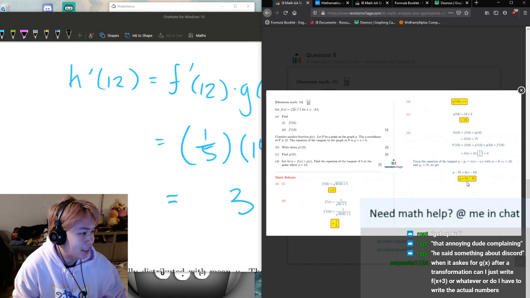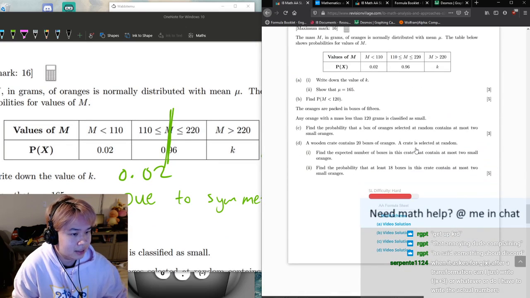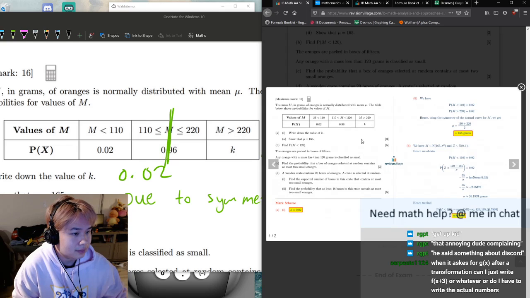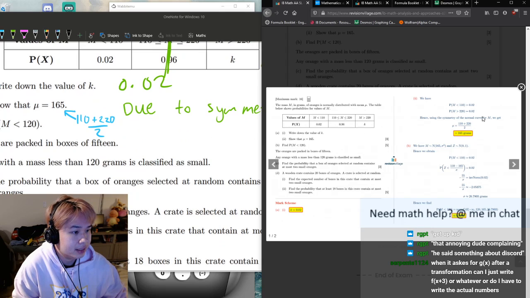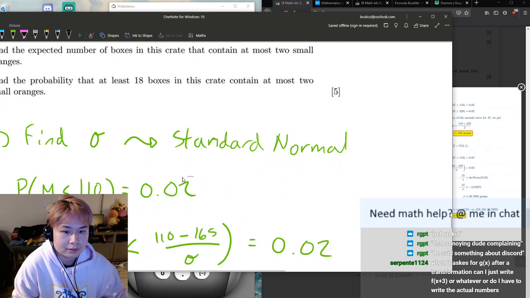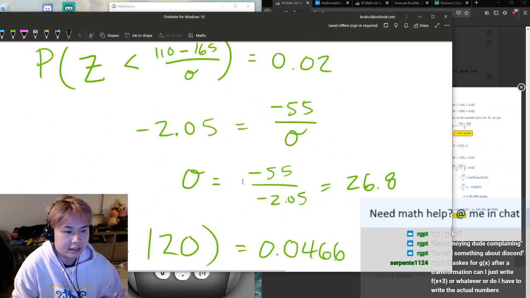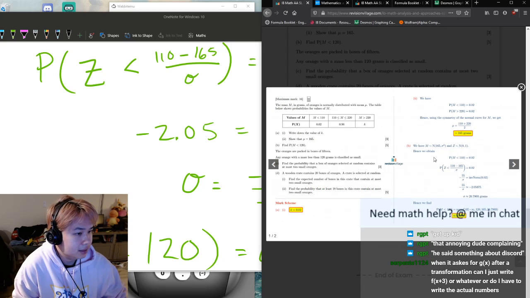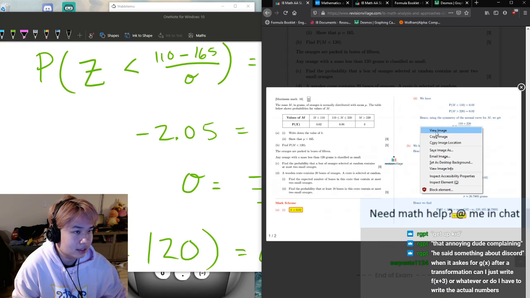And then, oh, I didn't find the equation of the tangent. I just found the tangent slope. So that's 8. But then you can just find the equation real quick. So that's probably fine. And then this was the last one. Okay, 0.02 right here. Hence using symmetry, so due to symmetry, 165, so that's good. And then find the standard distribution, and then, man, it sucks, you guys can't see this, so hold on.